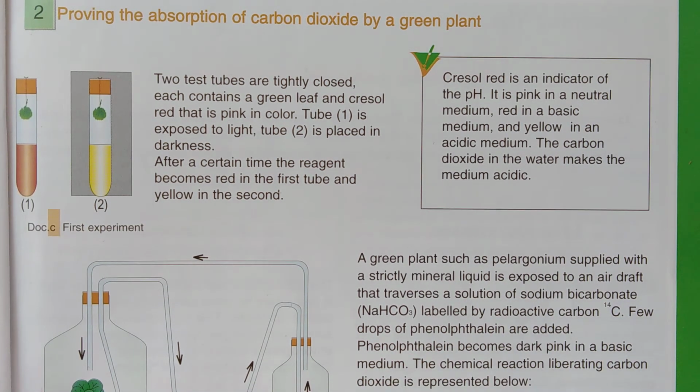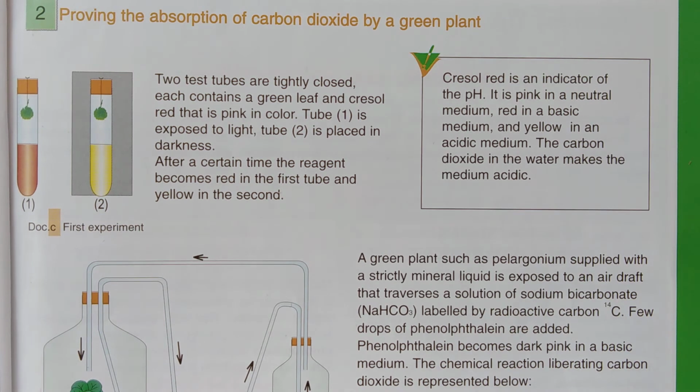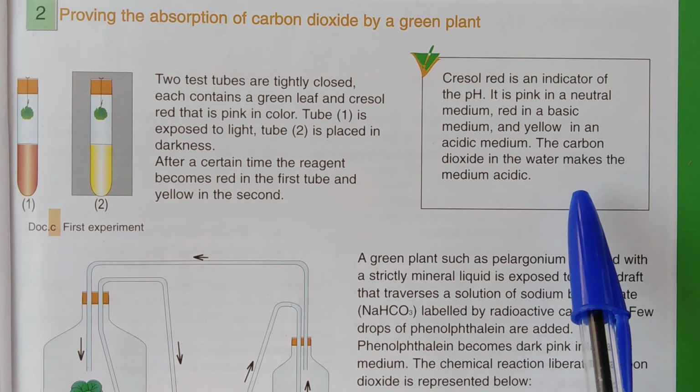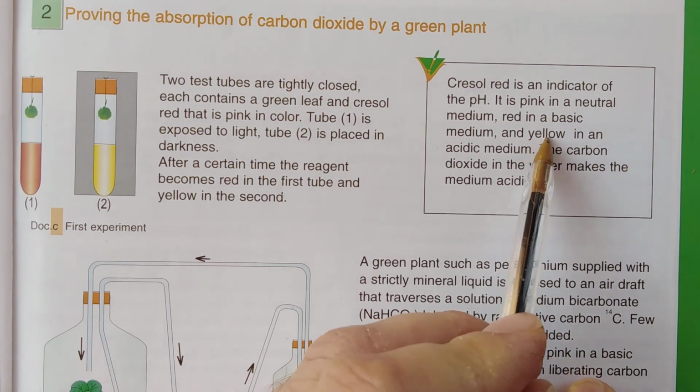So the idea is, as green plants produce carbon dioxide in a liquid, the carbon dioxide will react with H2O, which is water, and will produce an acid. So this acid will turn the cresol red indicator into a yellow medium.